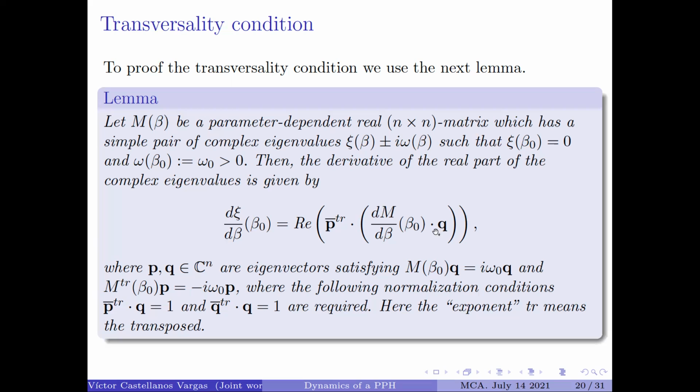It is the real part of this complex number, where P and Q in C^n are the eigenvectors satisfying that M(beta 0) Q is equal to i omega 0 Q, and the transpose of M(beta 0) P is equal to minus i omega 0 P, where the following normalization conditions are required: P bar dot Q is equal to 1, and Q bar dot Q is equal to 1.